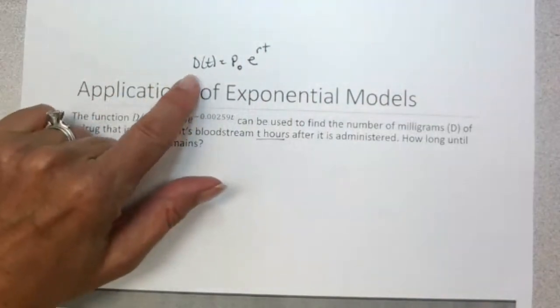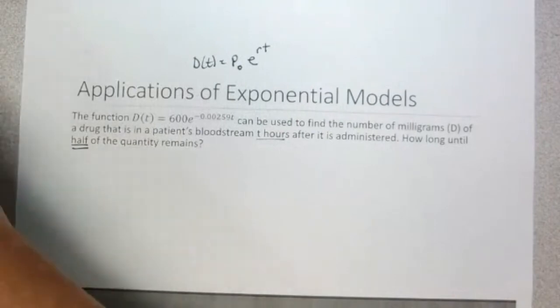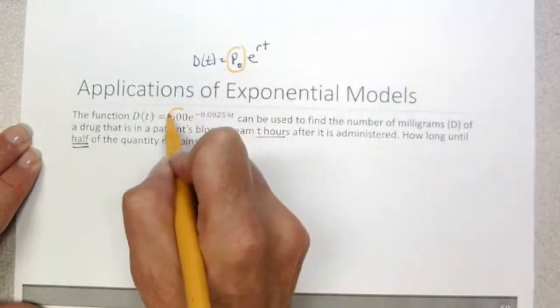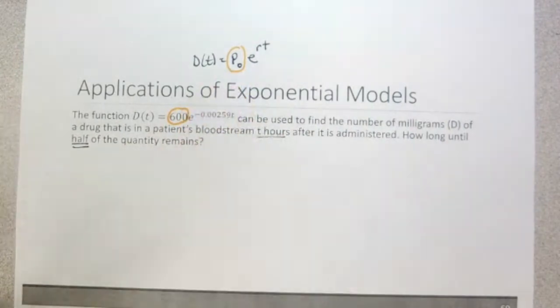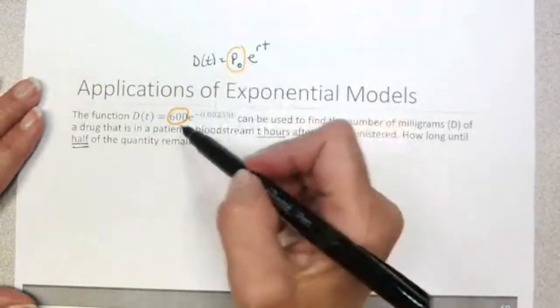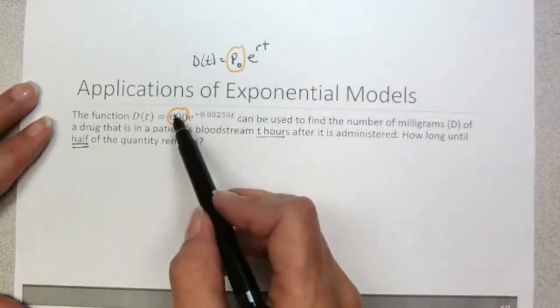The initial amount, if we look at the pattern here, is 600. I could calculate it by putting 0 in for t, but I don't need to, because it's always going to be the coefficient in front of the e. So there's my initial amount.